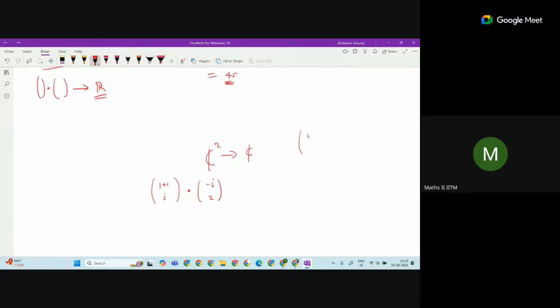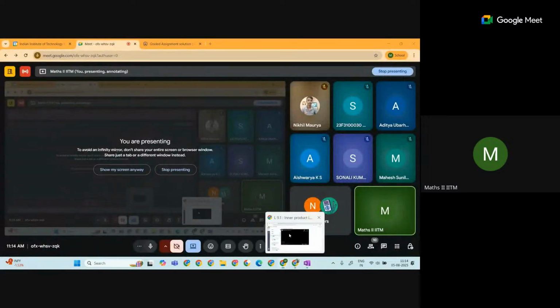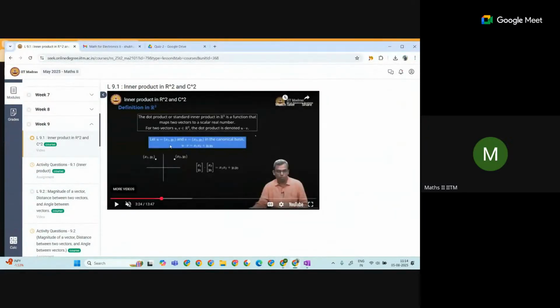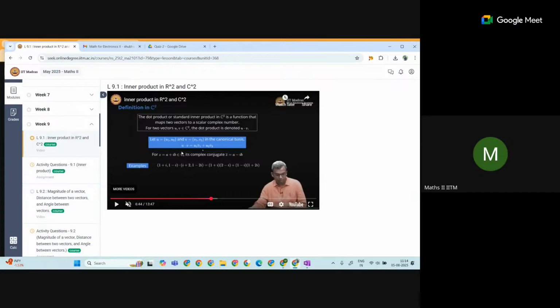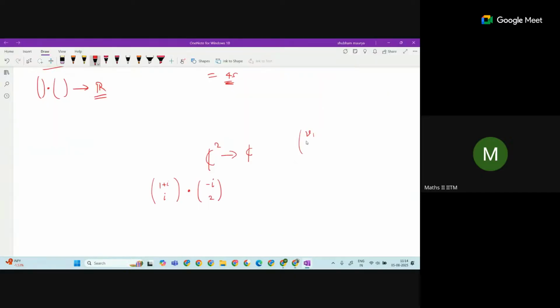Let's say I have this vector. As the professor wrote, x1 y1 is for real; for a scalar, u1 u2. He used the notation u1 u2. So the first vector is u1 u2, dot the second vector v1 v2.